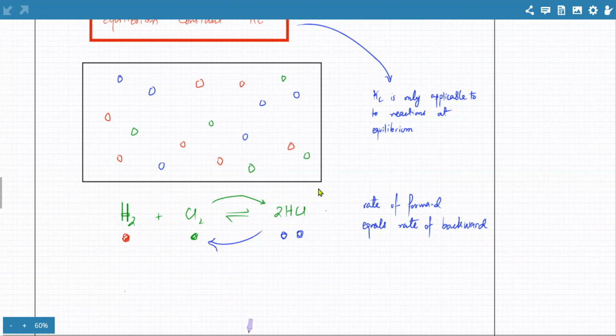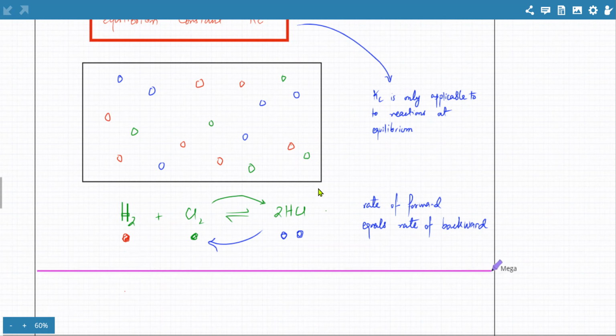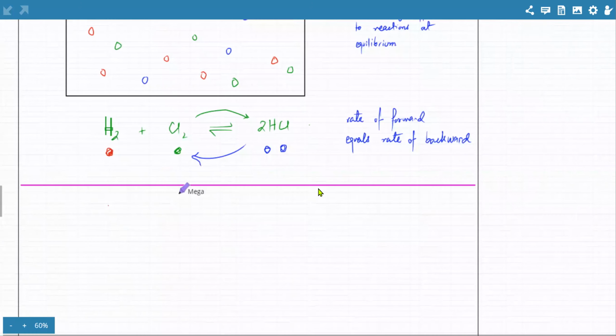Now I'm going to tell you what Kc actually is. Once the reaction reaches equilibrium, the products are going to have a particular concentration and the reactants are going to have a particular concentration.